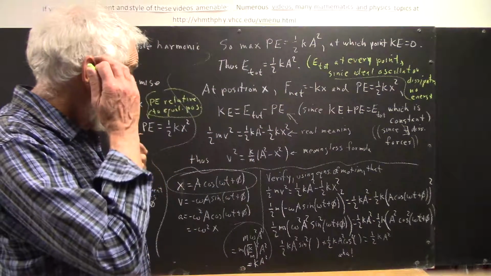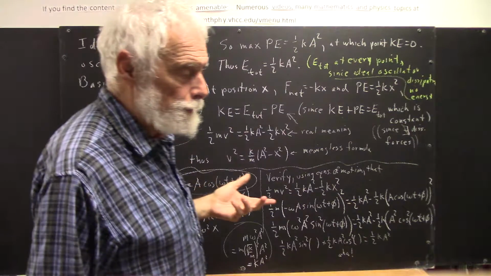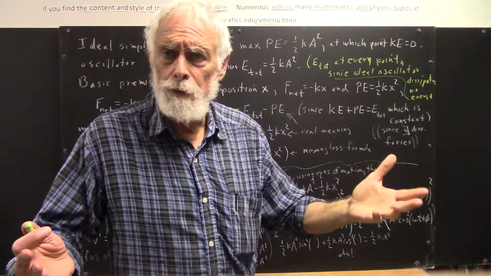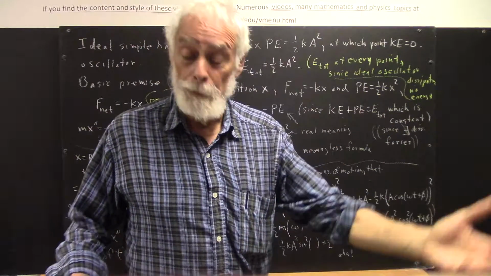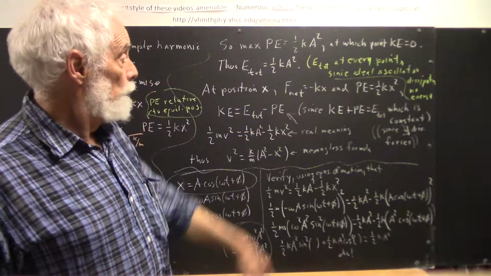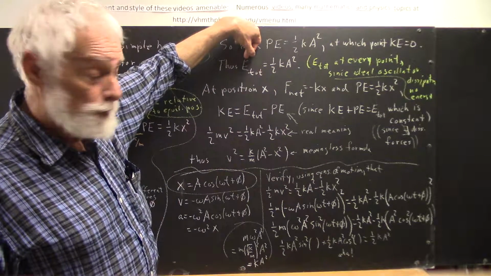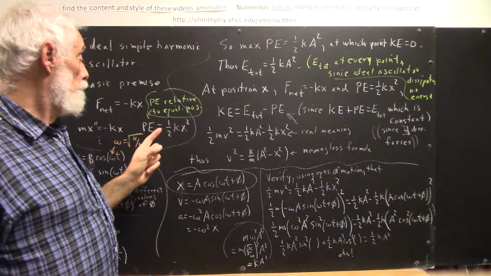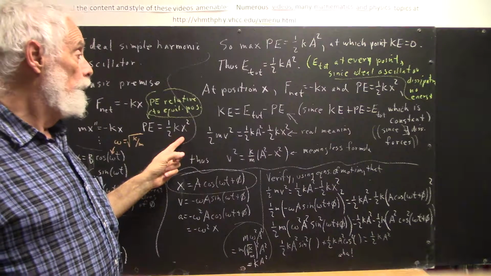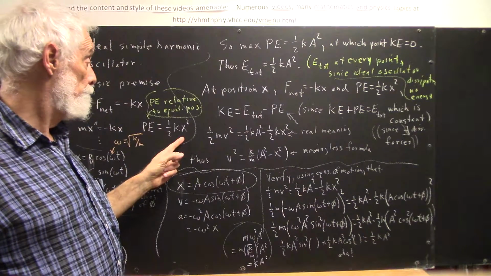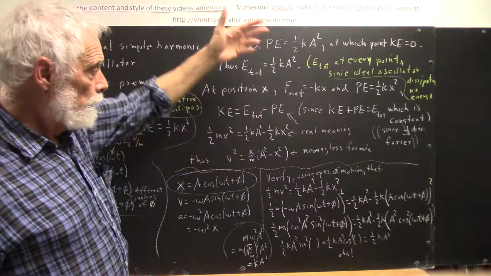Okay? Now, the question then is, what's its potential energy, or what's its kinetic energy at position x? Okay, well, we know its total energy. We know its potential energy at any position, so we certainly know the potential energy at position x. So at position x, there are two things we can say.